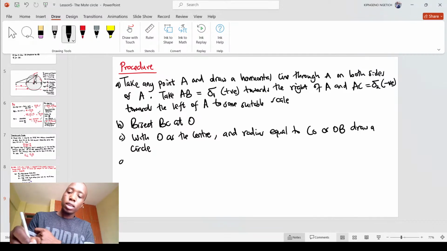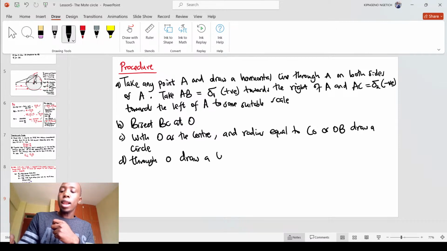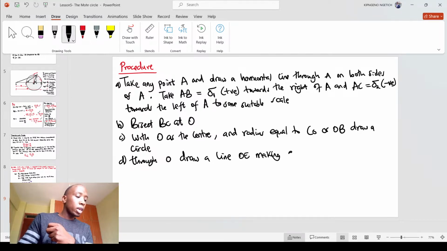Then through O, draw a line OE making an angle of 2 theta with OB.